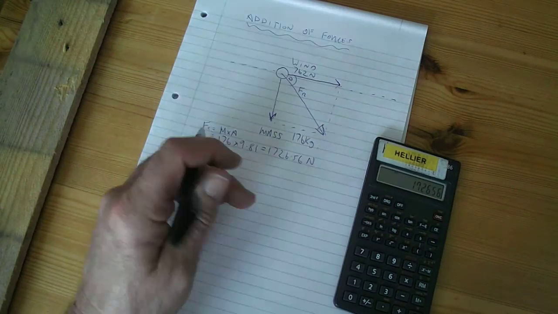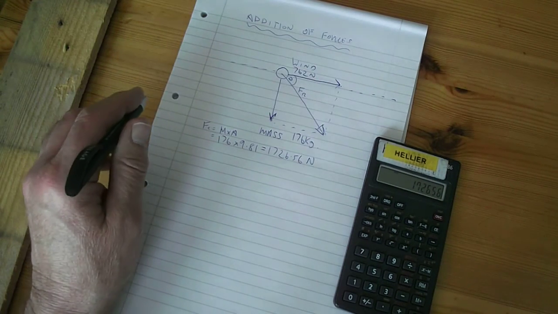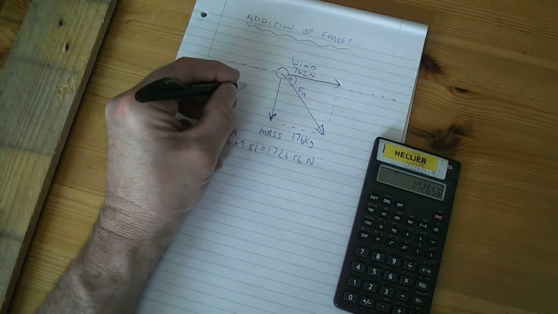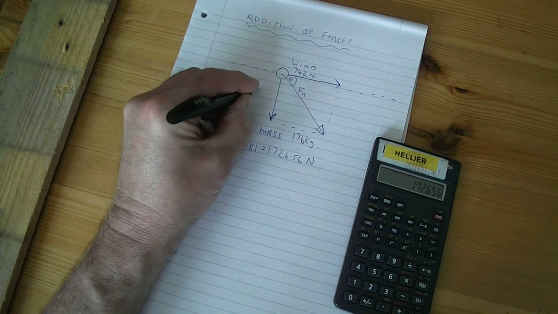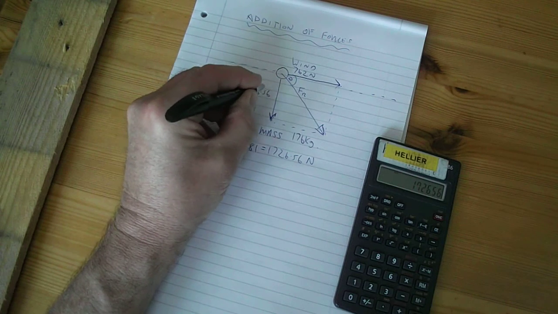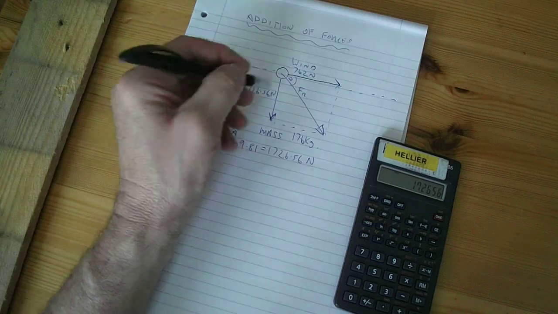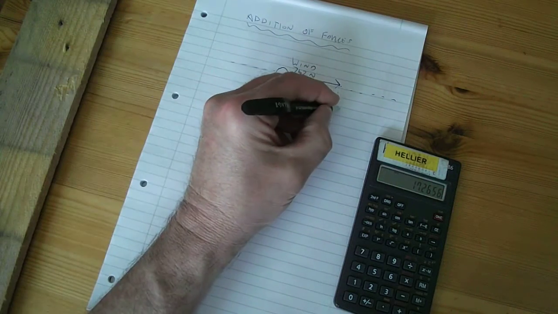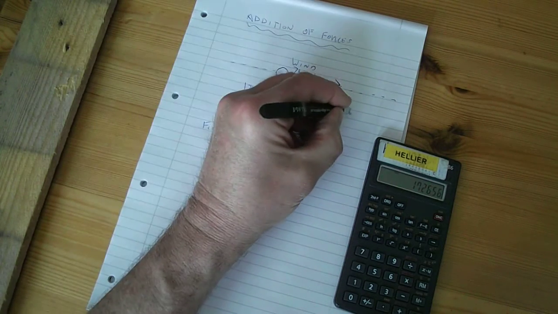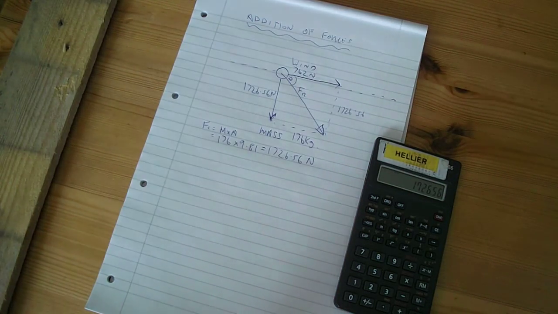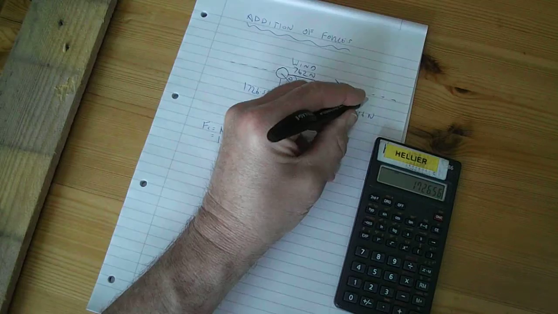So just like last time, we've got a downward force of 1726.56 newtons, and of course this length is going to be the same because it's a rectangle, so that's 1726.56 newtons.